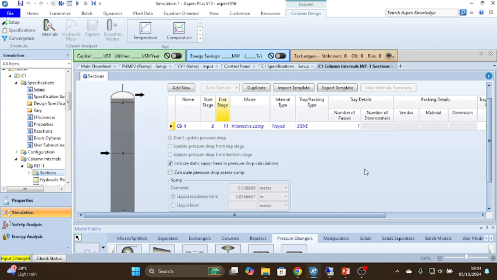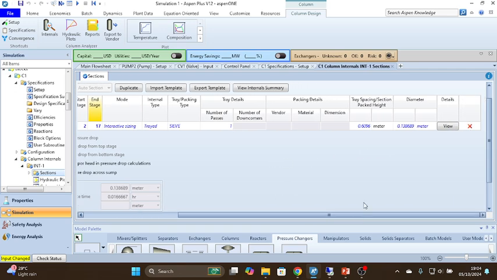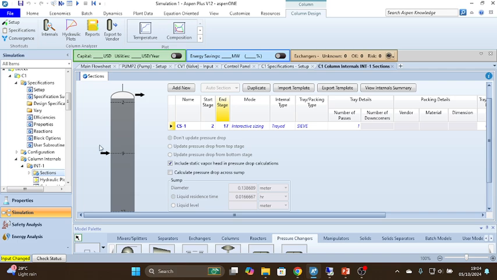Once we click outside, you can see that the tray spacing or packed height and the diameter is given to us. These are all standard values that are inbuilt in Aspen. Now, once we have done that, it is said that the input is changed. So we are going to run the simulation again.